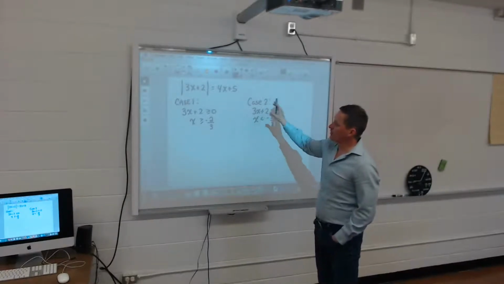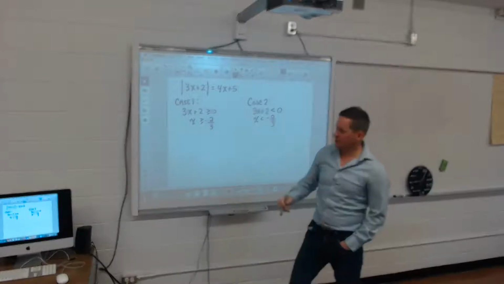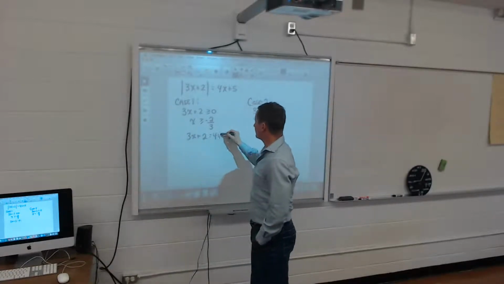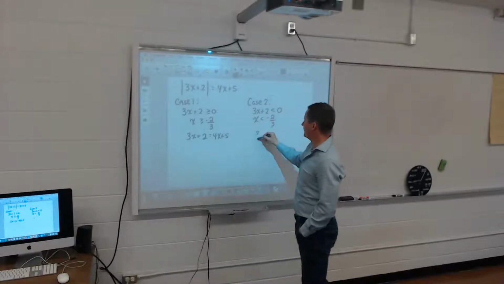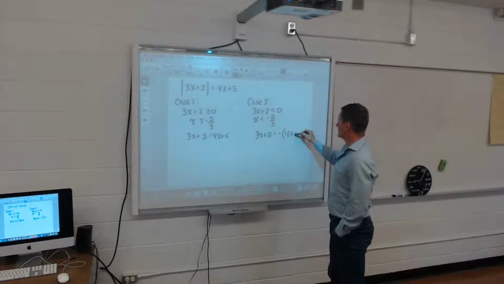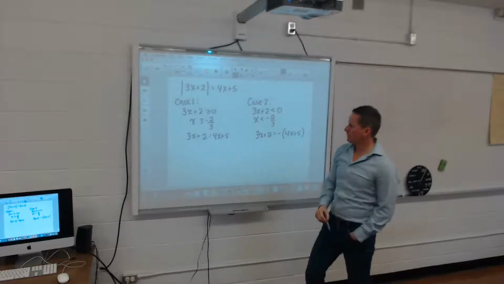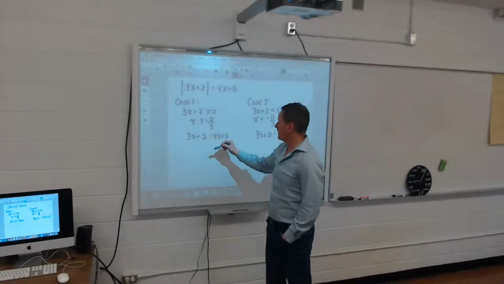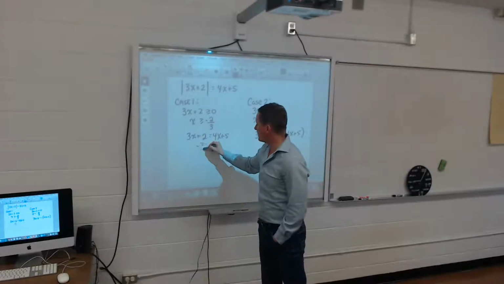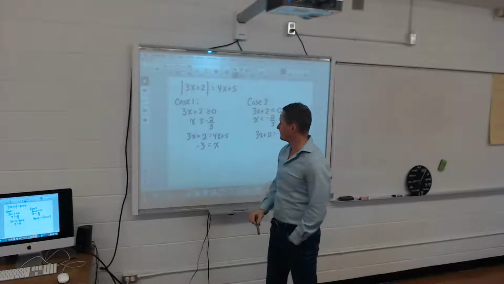What I do is I start with this, and then I solve it. So I do 3x plus 2 equals 4x plus 5, and then 3x plus 2 is equal to negative 4x plus 5. In the first one, I move the x over, I move the 5 over. That gives me negative 3 is equal to x.